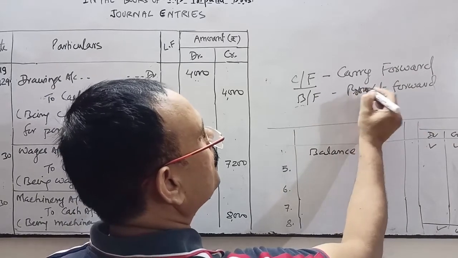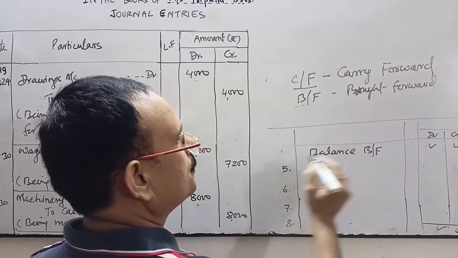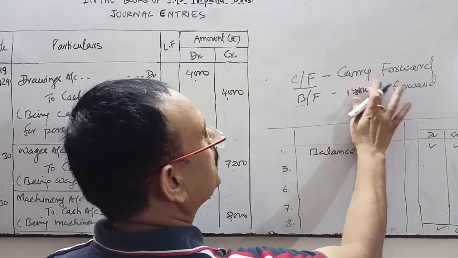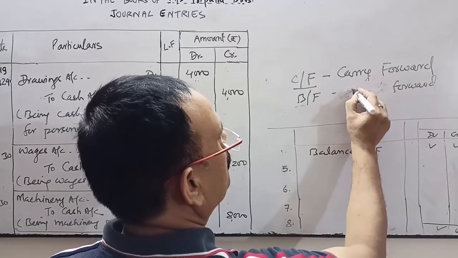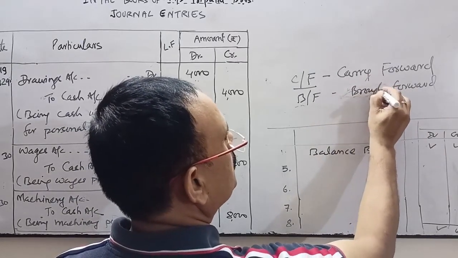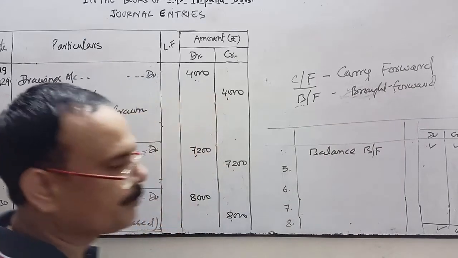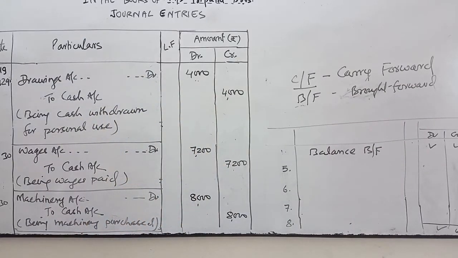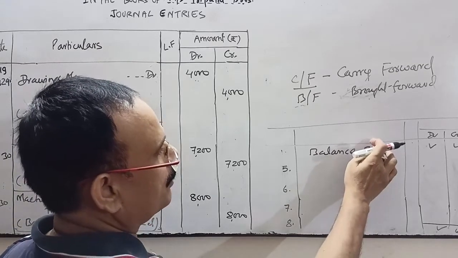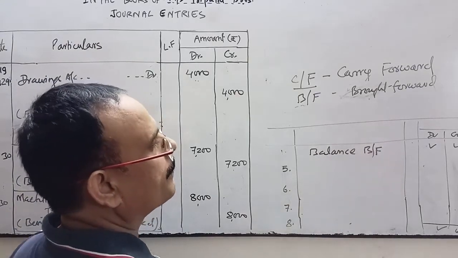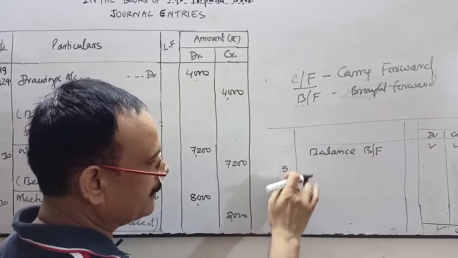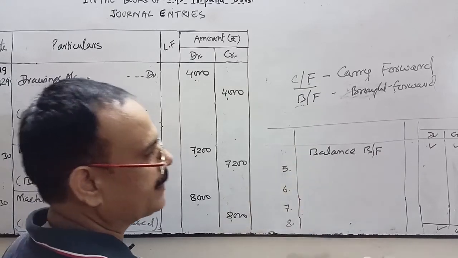This total will be brought forward. It is called in short B/F.